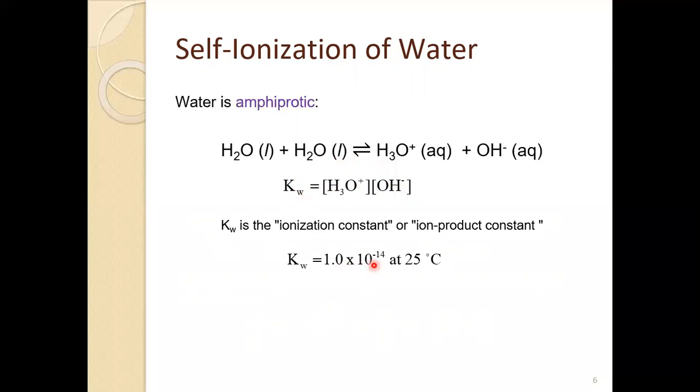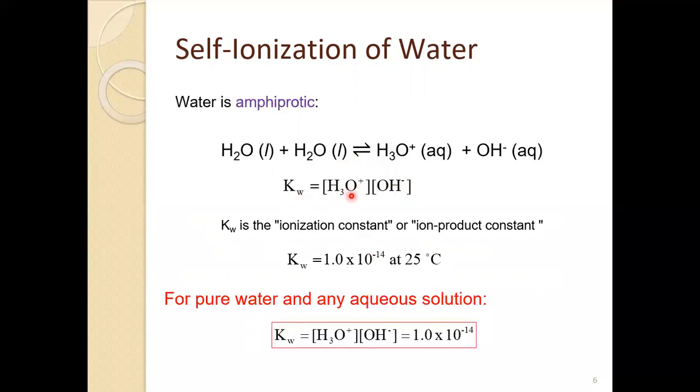So this is a very, very low number, but it tells us that in any aqueous solution or pure water, the product of the concentration of the acid ion times the concentration of the base ion, hydronium times hydroxide, must equal 1 times 10 to the minus 14. So you can see that as one number increases, the other number has to decrease because their product must equal some number. And so we can use that, as we'll see in the next slide, to calculate the concentration of one if we know the concentration of the other.